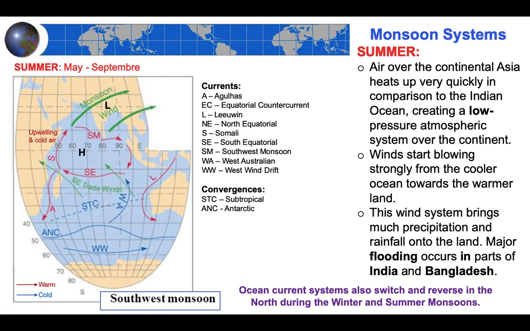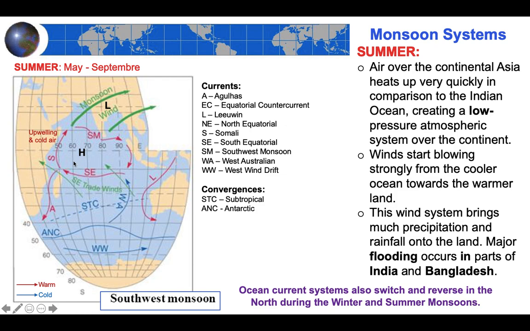But in the summertime, when the land over Asia warms up very quickly, the warm air rises and forms this low pressure system. But on the other hand, the Indian Ocean water is still pretty cold because it takes lots of time to warm up the ocean water late into the summer.